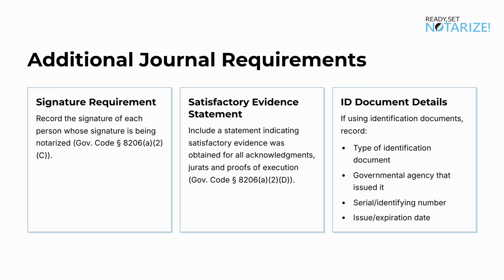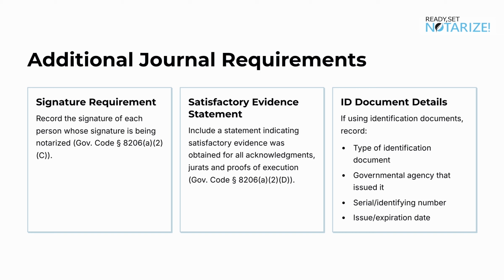A notary public must always obtain satisfactory evidence to prove the identity of a person making an acknowledgment or taking an oath or affirmation. The journal entry for all acknowledgments, jurats, and proofs of execution must include a statement indicating satisfactory evidence was obtained. California Government Code Section 8206(a)(2)(D).